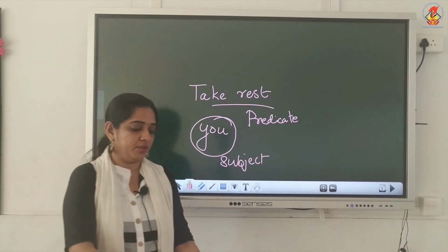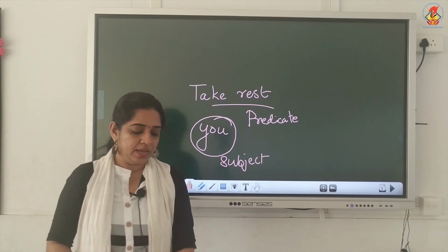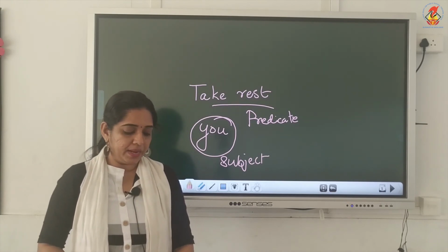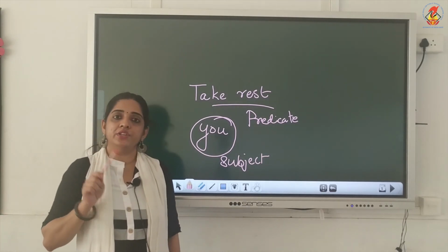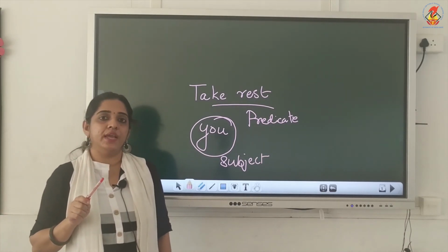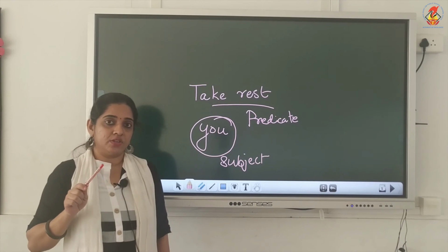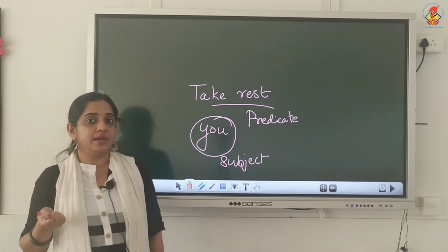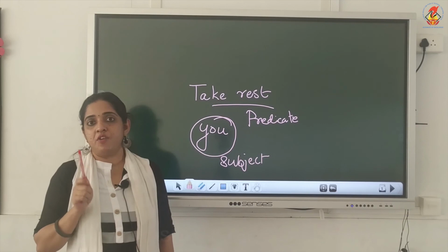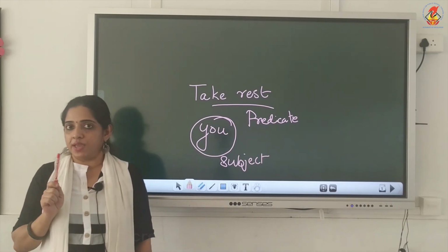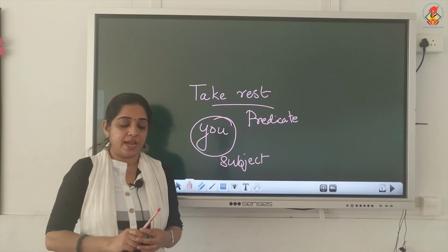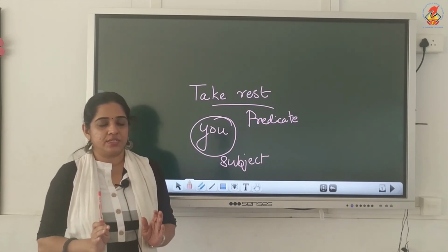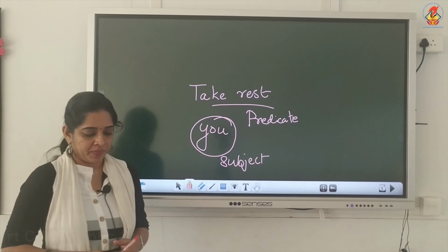That is already there in your textbook exercise. The other example, in the jungle lived a lion. So, in the jungle, that is a predicate. Lived is also predicate, a lion is the subject. Always remember, verb is a part of a predicate and subject, in most cases, will be nouns.